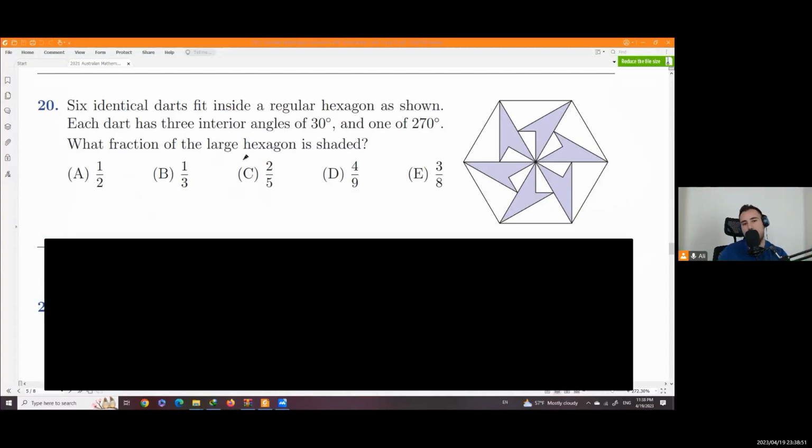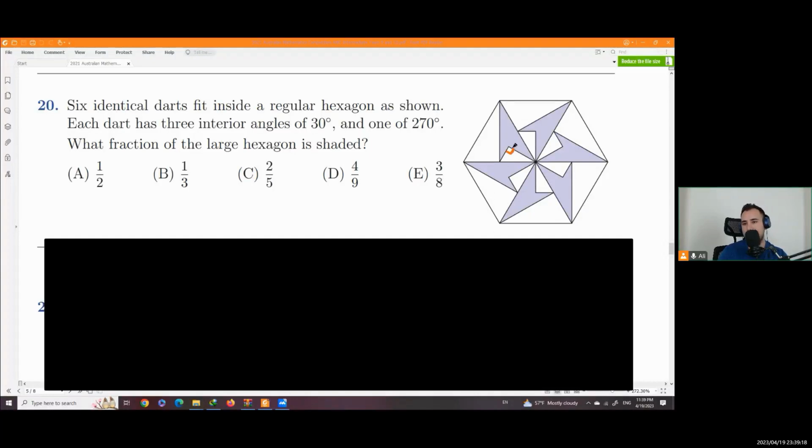What fraction of the larger hexagon is shaded? Let's see here. It's saying this is 30, this is 30, this is 30, and this large one is 270. Because that large one is 270, this is a right angle.